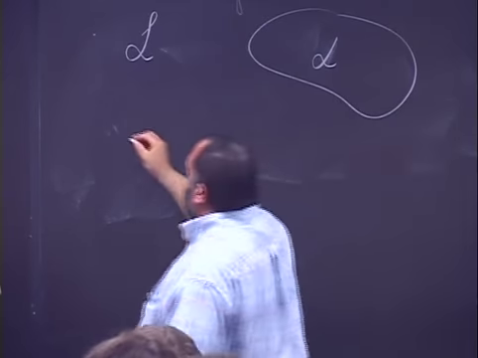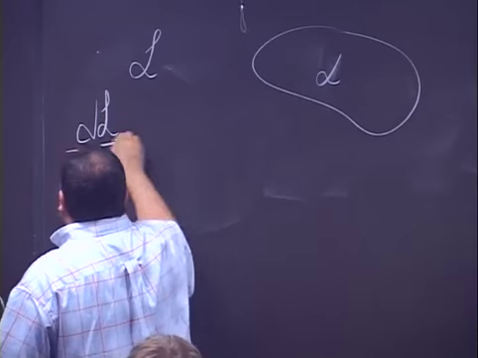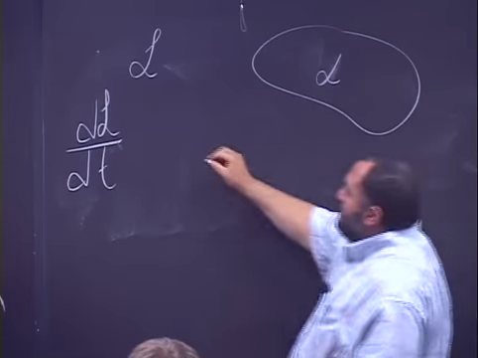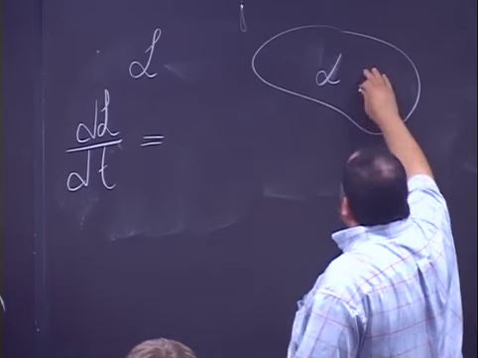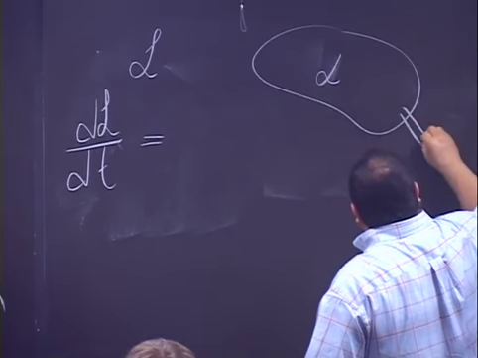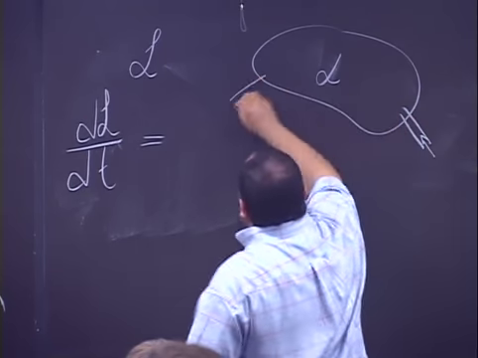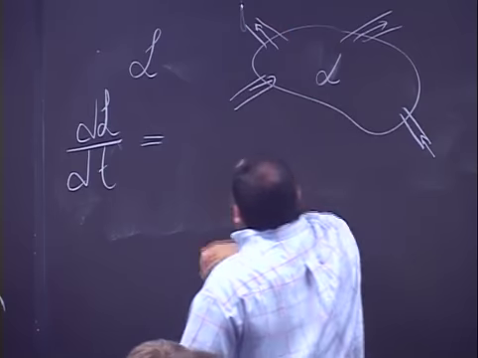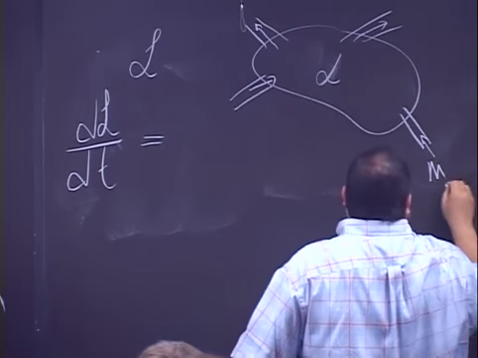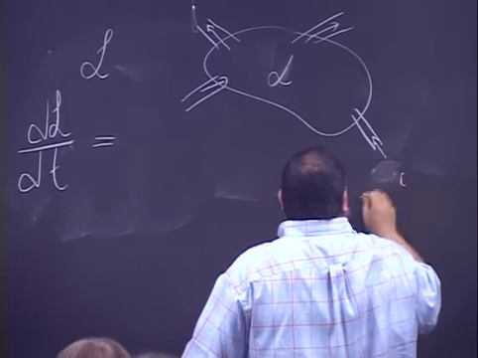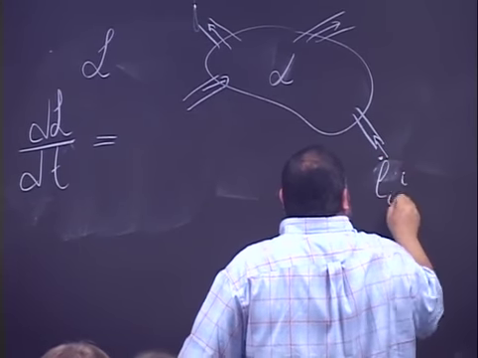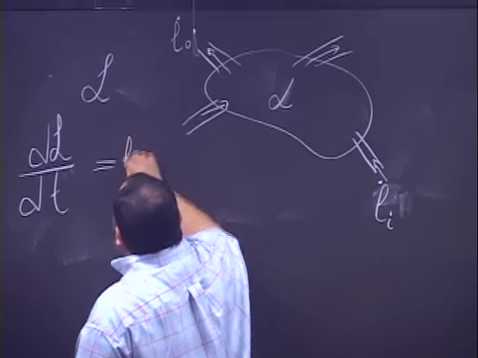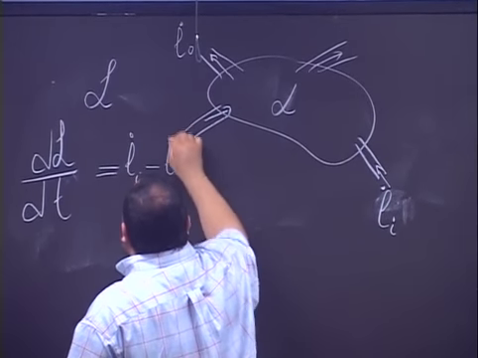Then the time rate of change of this property inside this control volume will be equal to what gets in, that feeds this, and what gets out. Let's say what gets in is L dot inlet, and what gets out is L dot outlet. So it will be L dot inlet minus L dot outlet.